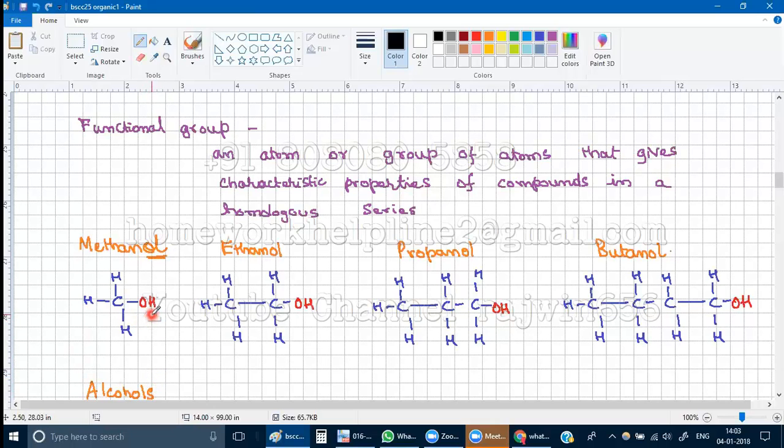These are the group of atoms, oxygen and hydrogen attached together here. O is there, O attached to H, and that is attached to the carbon chain. So this OH group is the group of atoms that is going to give you the special characteristic property. And the name of this OH functional group is known as alcohol. Okay, got it.